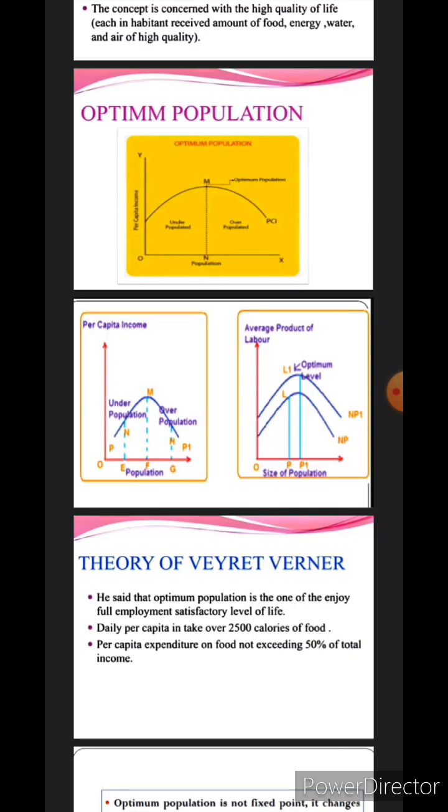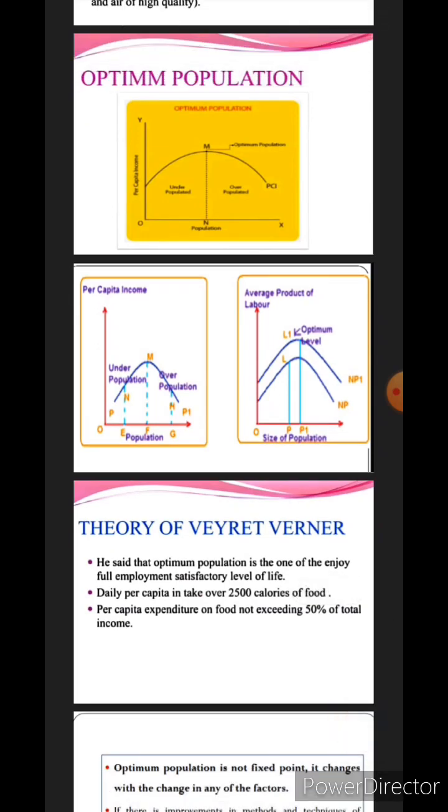Optimum population means the resources and the population are balanced, employment opportunity and satisfaction levels of employment are very high, daily intake is over 2500 calories of food per capita, and per capita expenditure on food does not exceed 50% of total income.